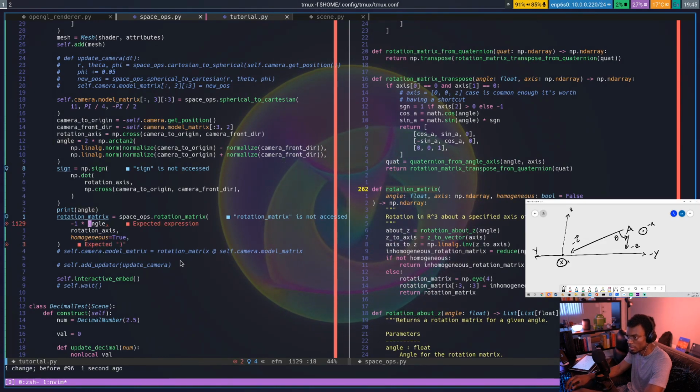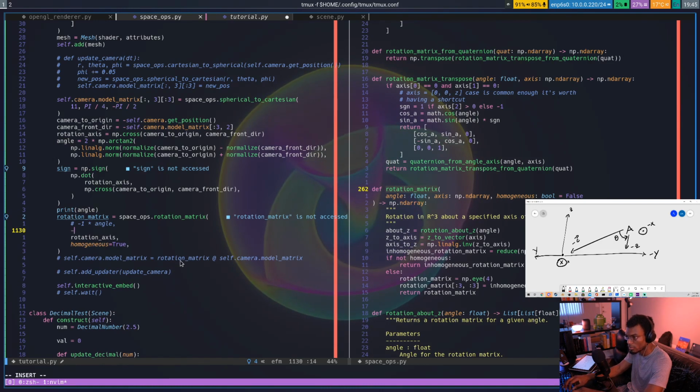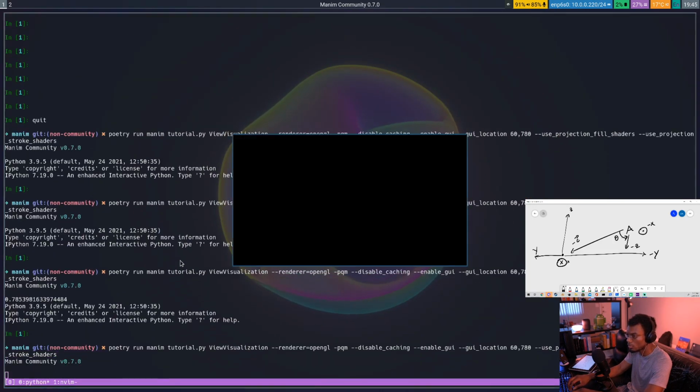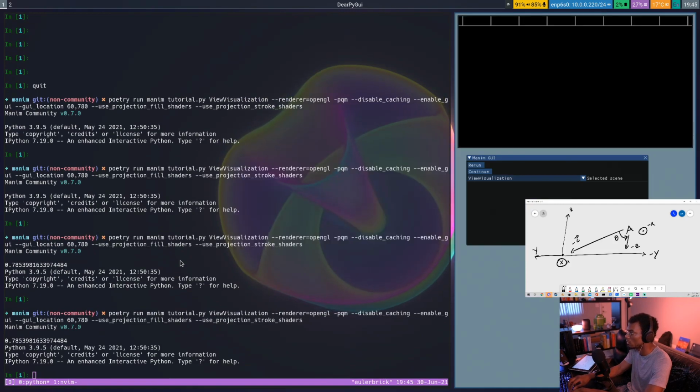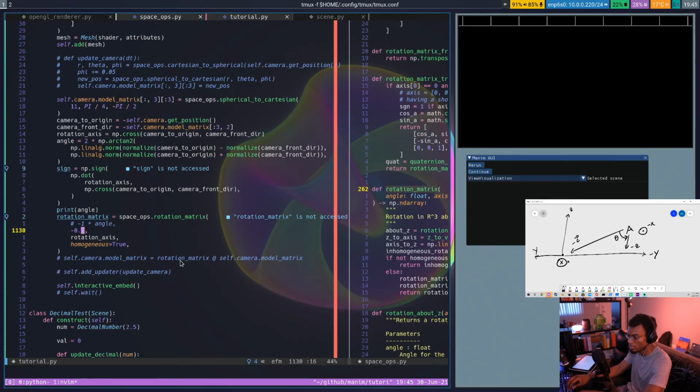I'm gonna try rotating this by just a smaller amount. That's rotating by negative 0.1, 0.2, 0.3. Wait, why is nothing changing?